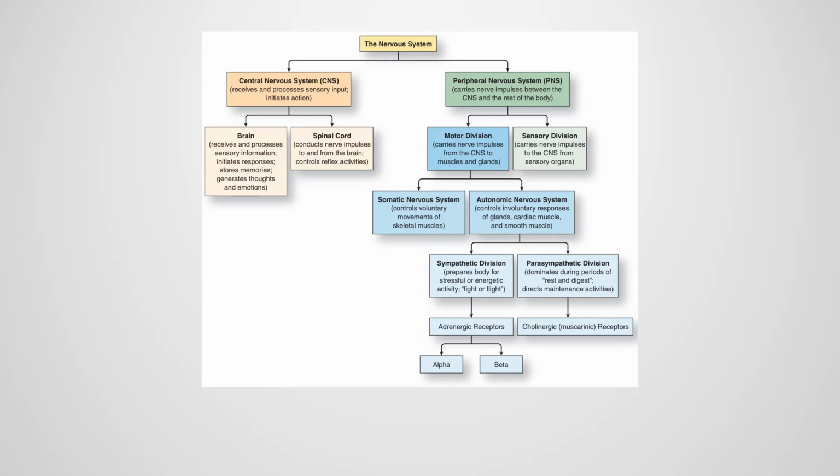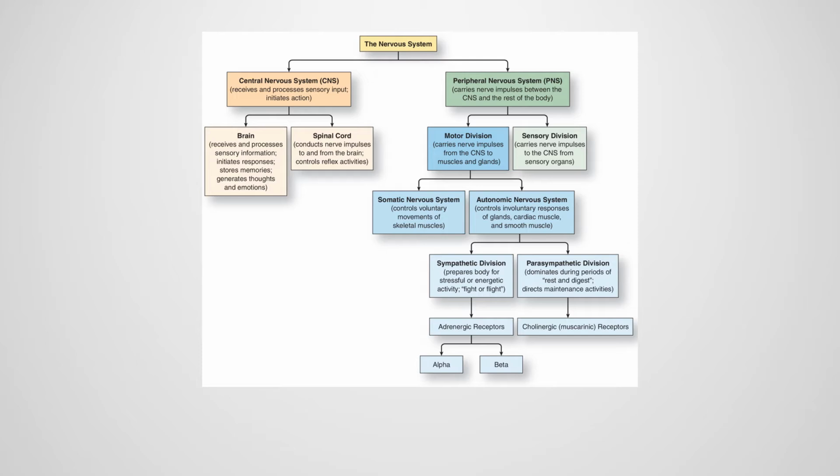So at the end of those, where we just saw the nerve and the synapse attaching to a postsynaptic organ or muscle, it uses adrenergic receptors to accept norepinephrine as the main neurotransmitter. And those receptors are broken into alpha and beta, and we'll come back to that.